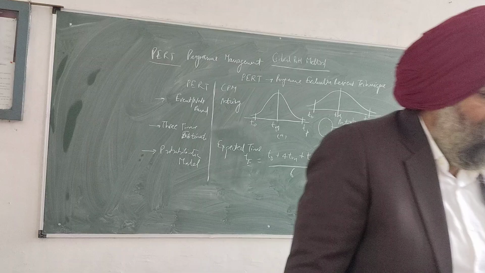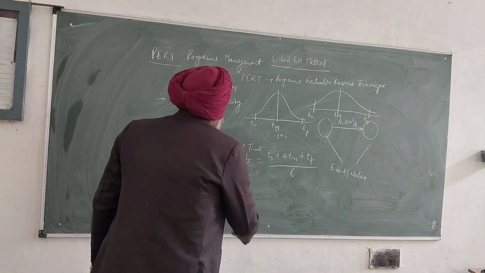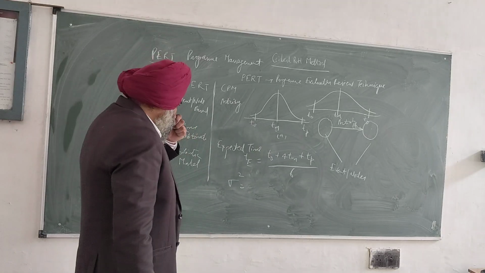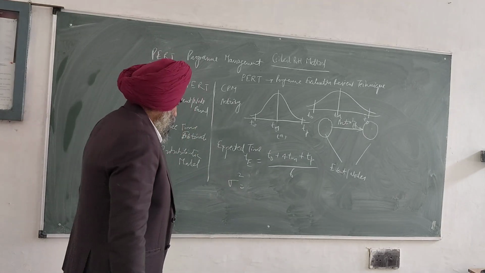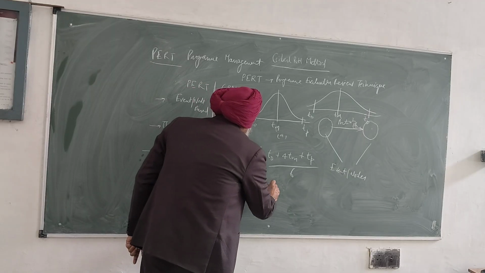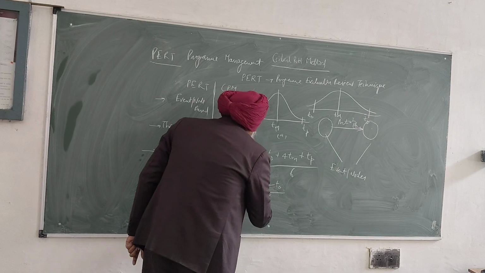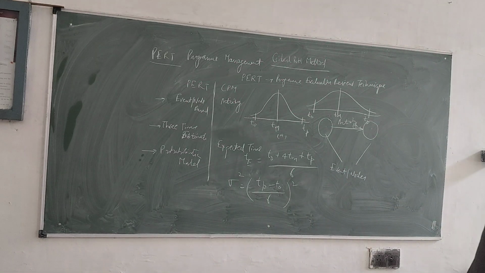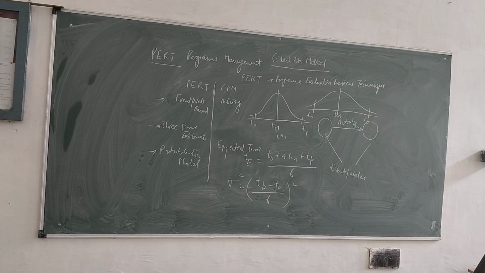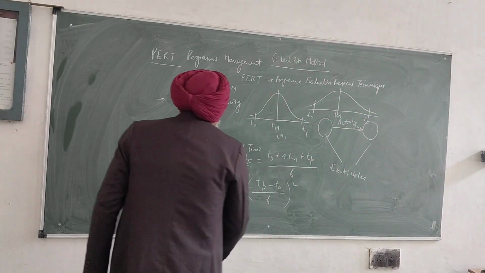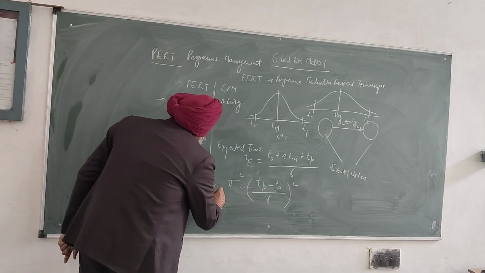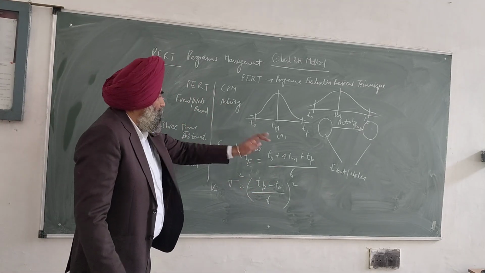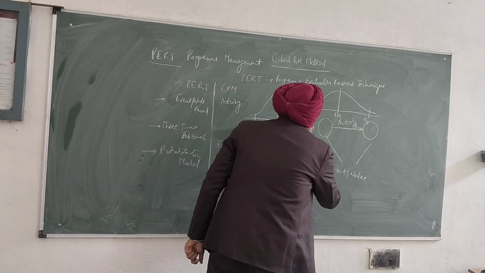For calculating that, there is a standard formula: sigma, the standard deviation, is equal to TP minus TO upon 6. And variance is sigma square, equal to TP minus TO upon 6, whole square. These are the two things which are important in this one.